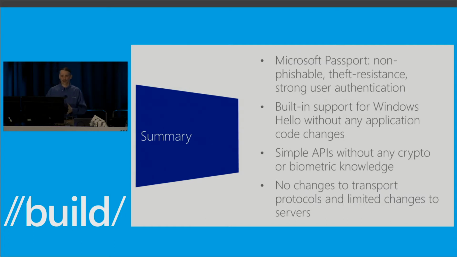Change is expensive regardless. So we wanted to minimize the amount of change that you need to do to quickly start using Microsoft Passport. So we've decided: no protocol changes whatsoever. You use your own transport protocol. Just send the data to the server however you need to. And we've tried to minimize the number of server changes that need to occur on the back end.